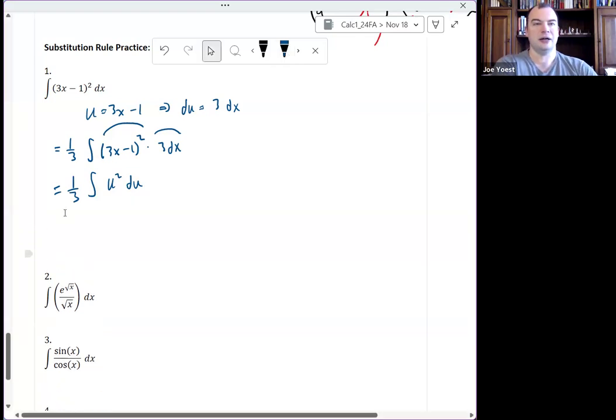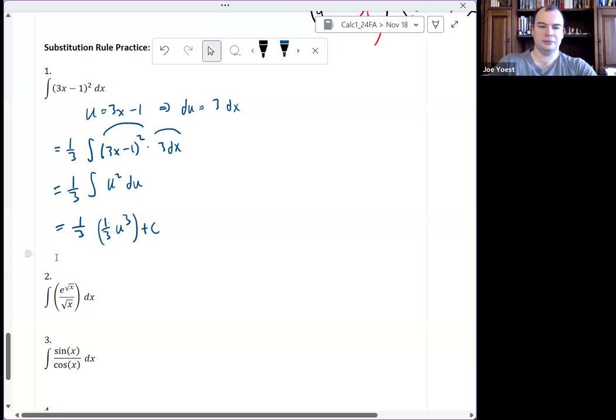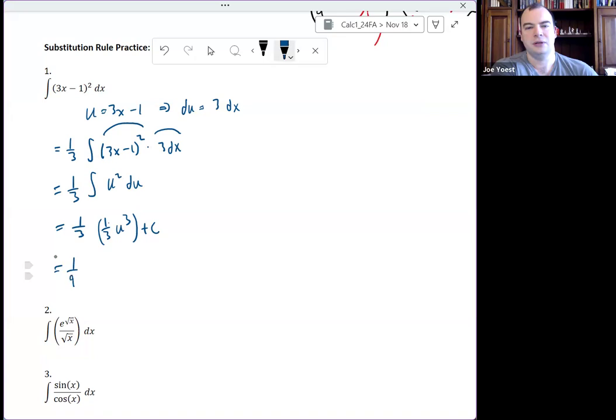All of my bookkeeping works out. So this is 1/3, and this is going to be u cubed over 3. So it's another 1/3 u cubed plus c. I can make this a 1/9. U cubed is going to be (3x minus 1) cubed plus c.